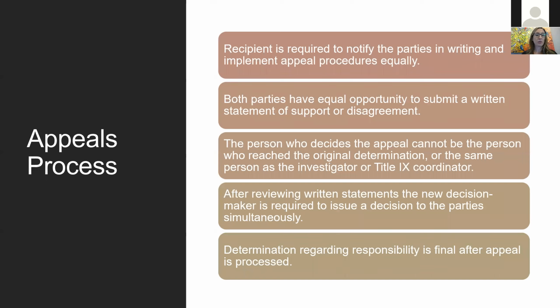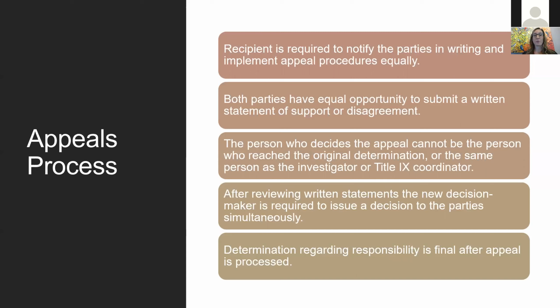And here's what your appeals process should look like. Again, we're notifying in writing simultaneously that there has been an appeal, and then they both have the opportunity to submit a written statement of support or disagreement.